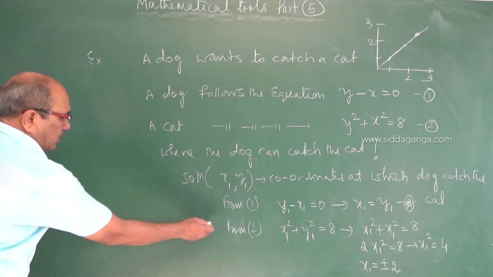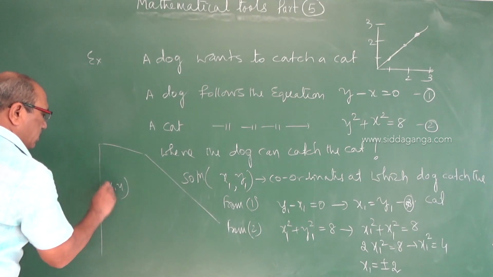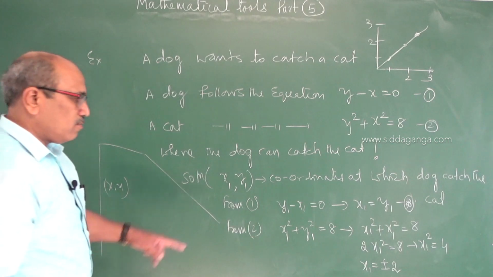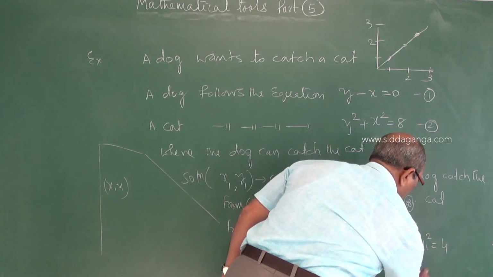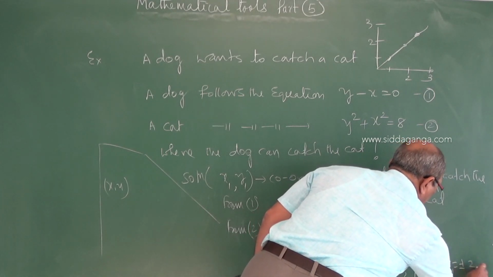So here the answer I am coming to x comma y has two possibilities. Because x1 is plus or minus 2, y equal to x suggests y1 is also equal to plus or minus 2.